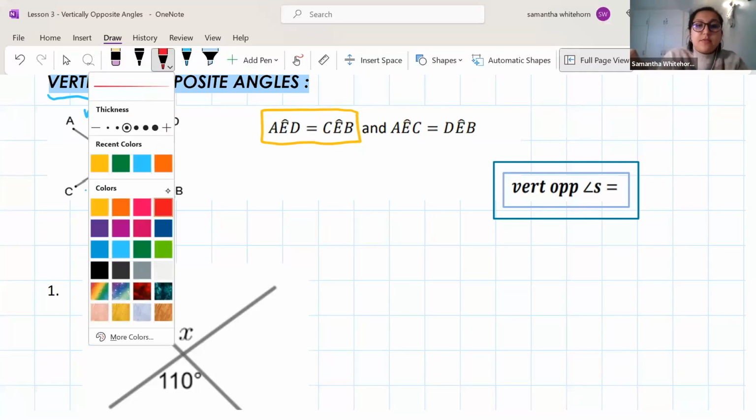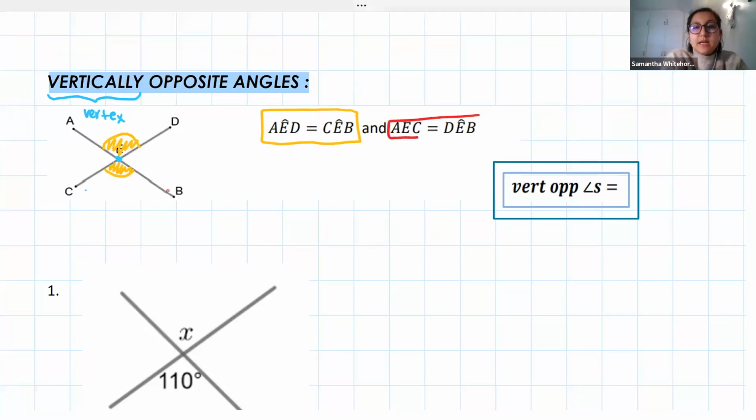The next bit of information we've been given is that AEC is equal to DEB. AEC is this angle on the left here, and DEB is this angle on the right. So those are equal to each other. Again, they are equal to each other because they are opposite each other at the point where the two lines cross.